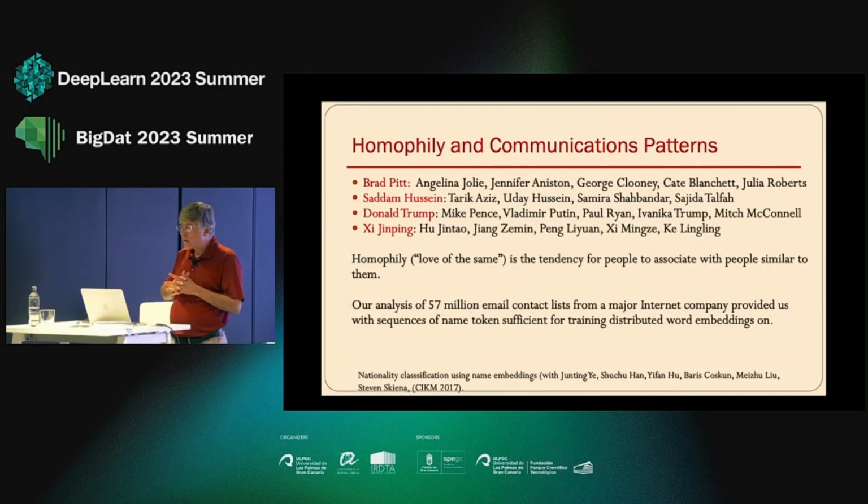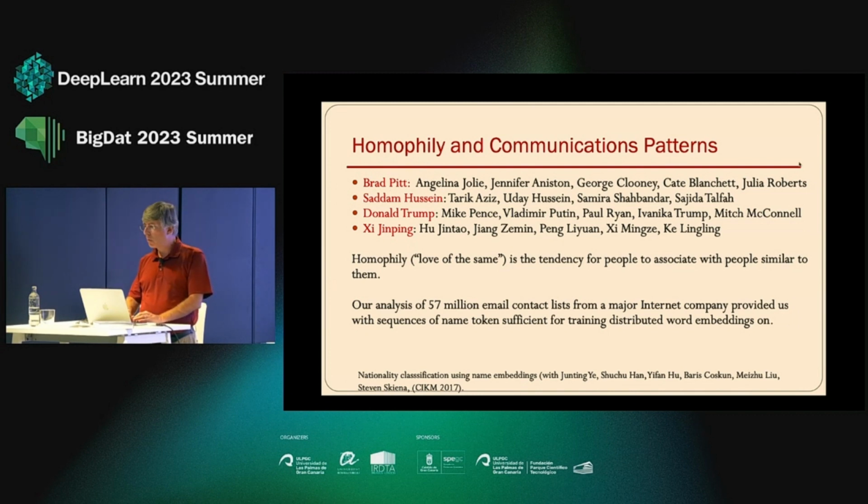How can we figure out what names mean? There's a very important principle in sociology called homophily. Homophily is a notion of love of self, and it means that people tend to interact with people like them. So what does this mean? If you're an actor in Hollywood who's a big star, who do you think your friends are going to be?